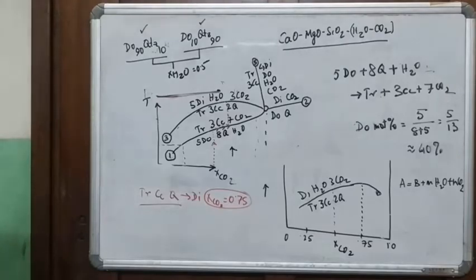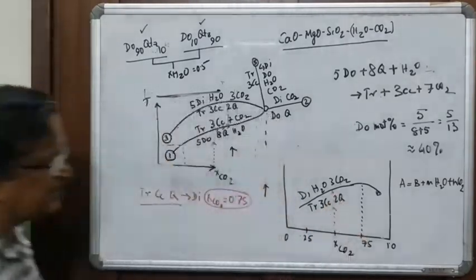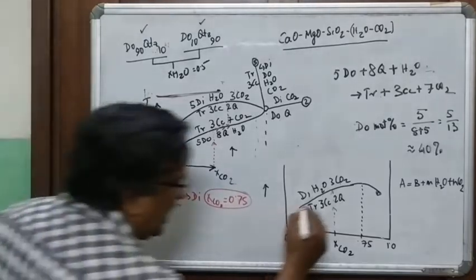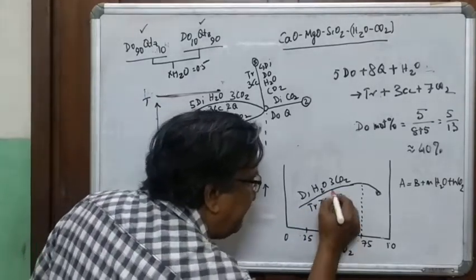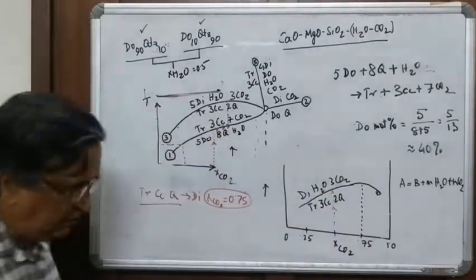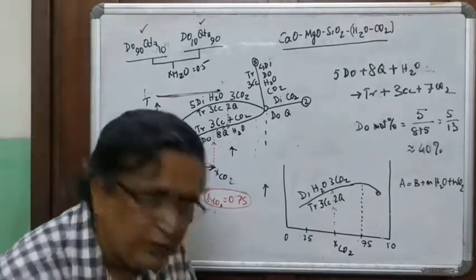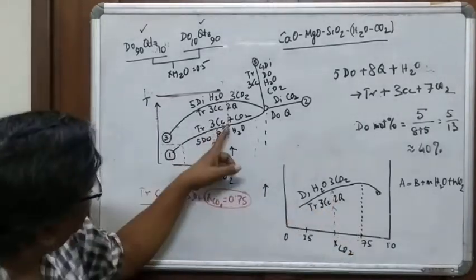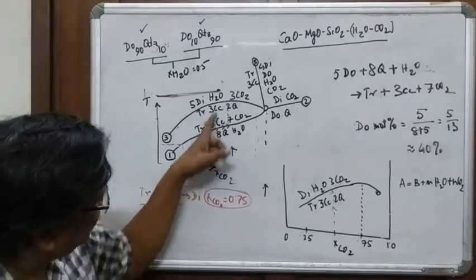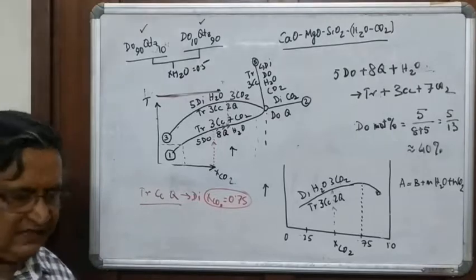Now, if we are approaching this from this side, then this is our XCO2 value of the fluid before we reach this reaction. Say, for example, your value of XCO2 in the fluid is 0.5 and we are going up following one of these lines, which are going through the bivariant fields because it has lost a phase.